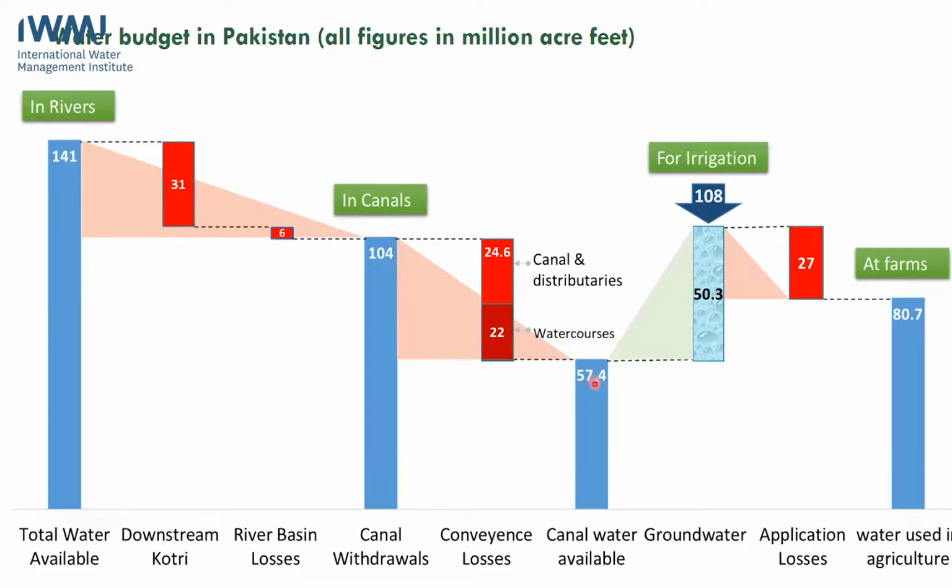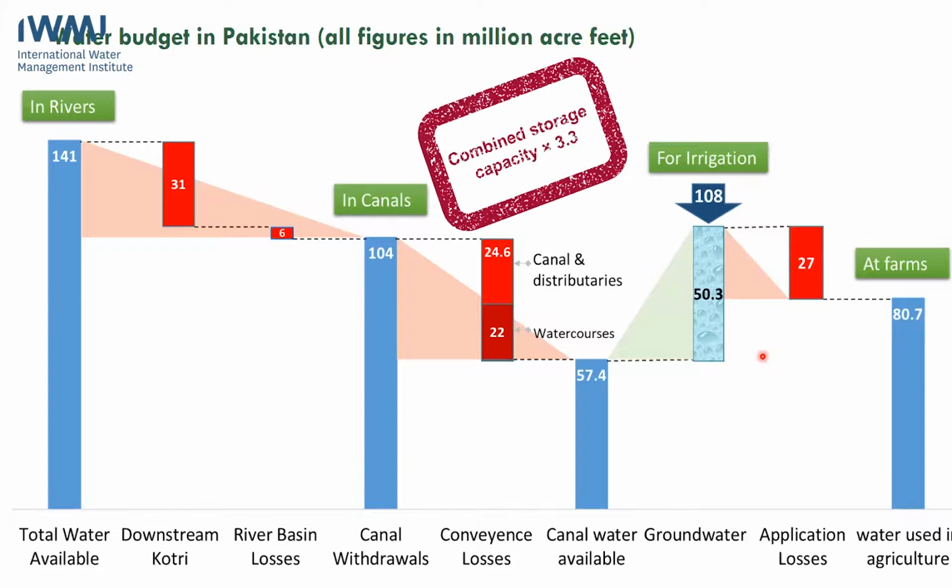What we receive from the surface water is 57.4 million acre feet at our canals. And then we have to pump additional water to grow our crops. In total, there is 108 million acre feet of water available for irrigation. And then there are losses at the farm level that are around 27 million acre feet. And what is available for agriculture is 80.7 million acre feet.